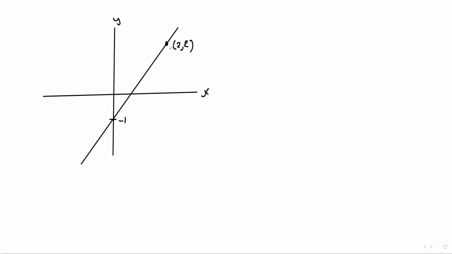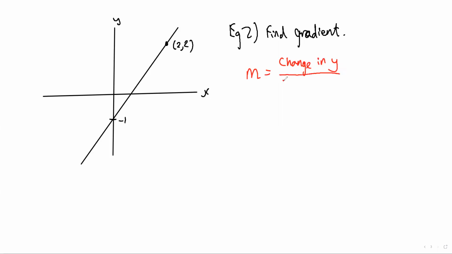Now, what we want to do is find the gradient. So this can be example 2, find the gradient. The formula to use for this is the gradient is the change in y over the change in x between 2 points.